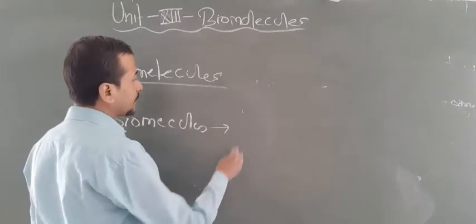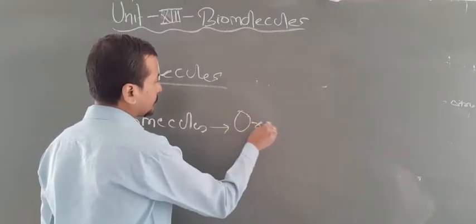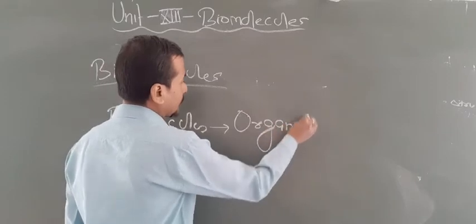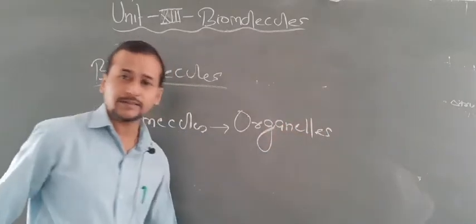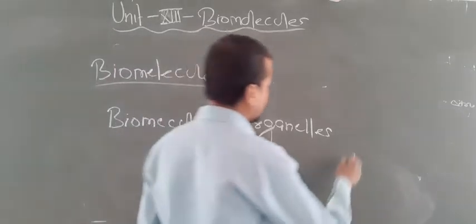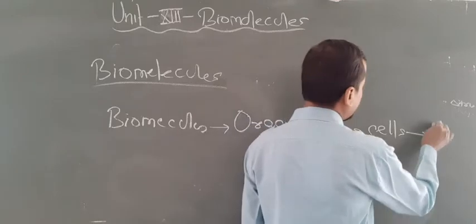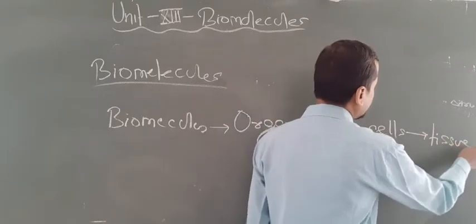When they combine, they form cell organelles, that is mitochondria, ribosome. When the cell organelles combine, they form cells. When cells combine, they form tissue.